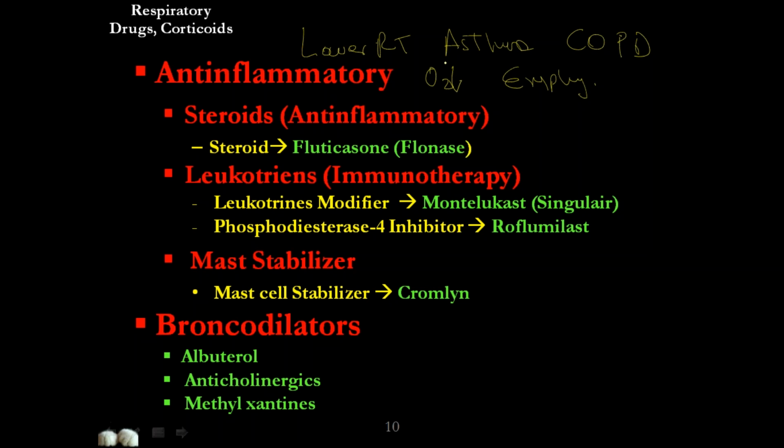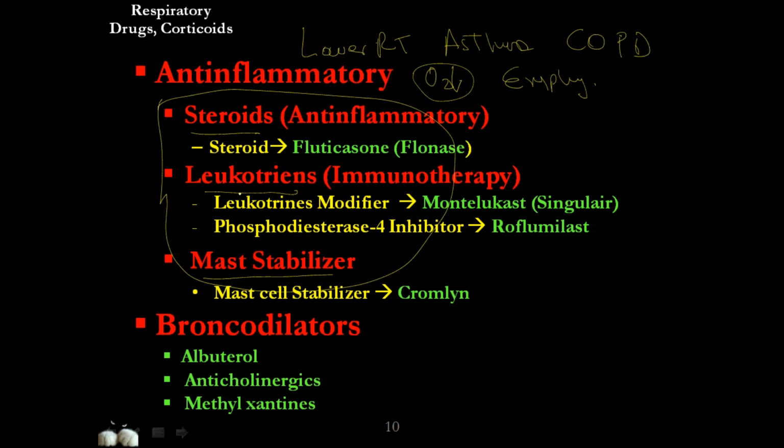For that, we are going to use, for example, bronchodilators, and there are many things that we need to talk about there. And anti-inflammatories. Please always remember these anti-inflammatories: steroids, leukotrienes, and mast cell stabilizers.